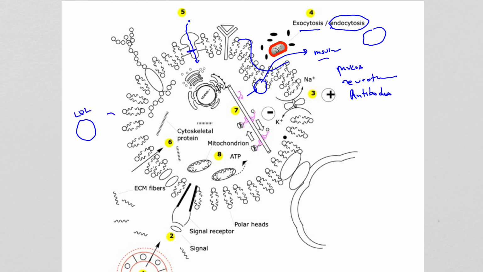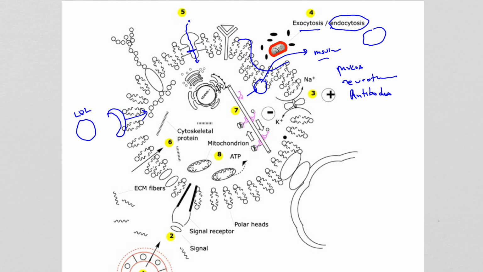Cells take in LDL through a receptor, and then endocytosis takes the whole LDL particle into the cell, where it is broken down and all the components, such as cholesterol and proteins, are used by the cell.